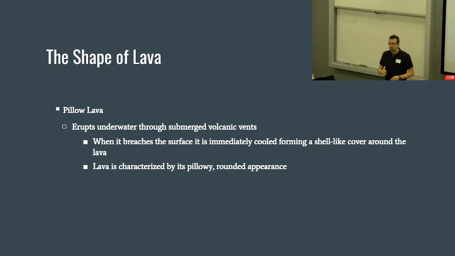It doesn't erupt properly, as you would expect, but instead, the lava reaches the surface and is immediately caught in water, right? And it tends to create these, like, shells. Okay? So as Dexter mentioned in Igneous Rocks, when you have liquid material or molten material that hits water, it is instantly cooled.